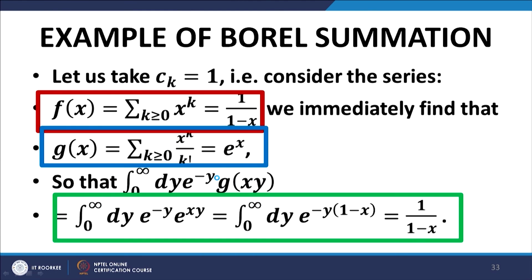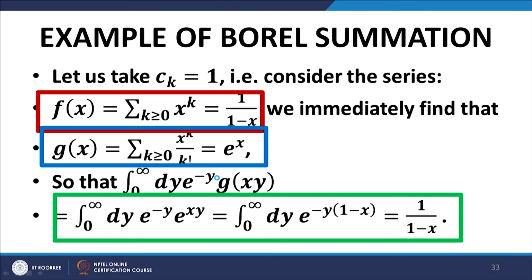As an example of Borel summation, let us look at the series f(x) equals the summation of x^k. In other words, let us take c_k equal to 1 for all k. This is clearly a geometric series, and the summation is equal to 1 upon 1 minus x. g(x) works out to the summation of x^k upon k factorial, which is equal to e^x.